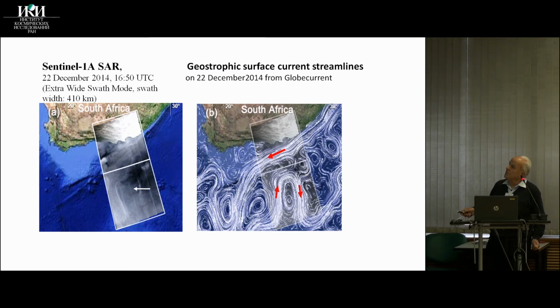It could be partly due to the slicks here, but nevertheless the radar signature is very much dependent on azimuth angle, so the angle between the radar look direction and the surface gradient. And you can see here also some detailed features, so maybe there is some secondary front present.